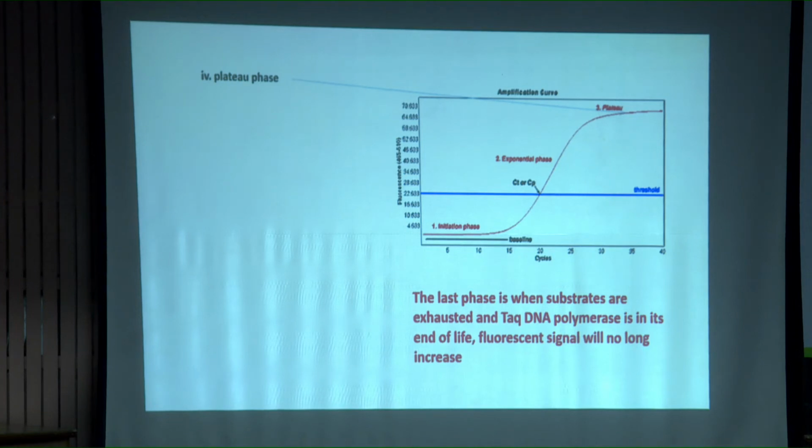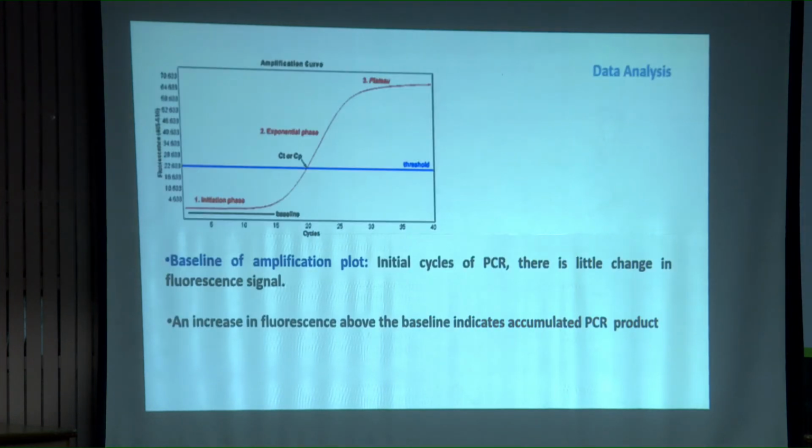If it is sustained forever, then the quantum of biomass, we cannot handle it, right? The last phase is where the substrates are exhausted and Taq enzyme is in the fag end of its life. Fluorescent signal will no longer increase, right? Now, these are the 4 distinct phases we encounter in real-time PCR, and for practical purposes, we consider the CQ or CT value as the standard output from real-time PCR machines, right?